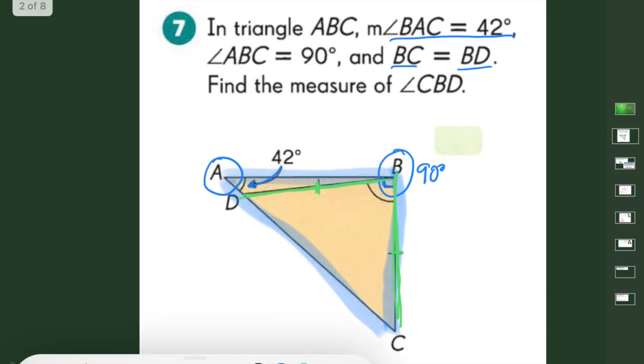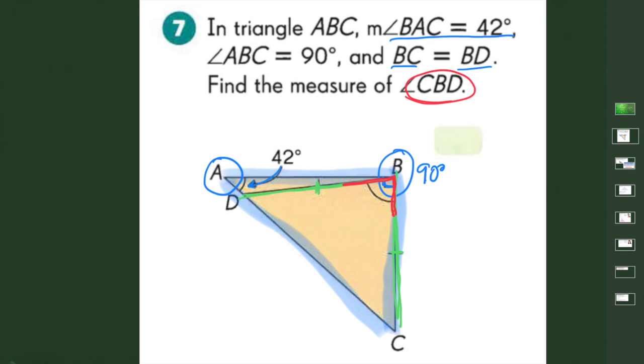Our task is to find the measure of angle CBD, so that angle right in there.